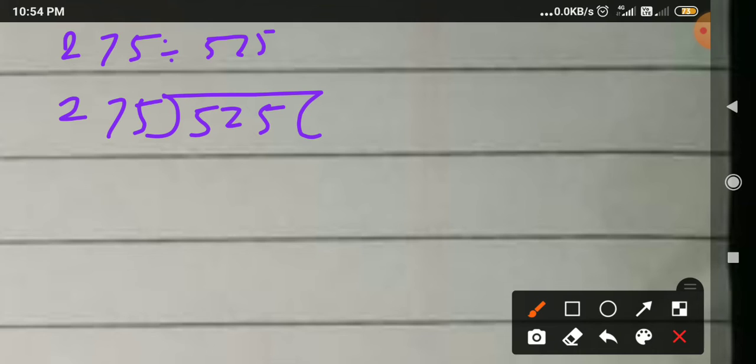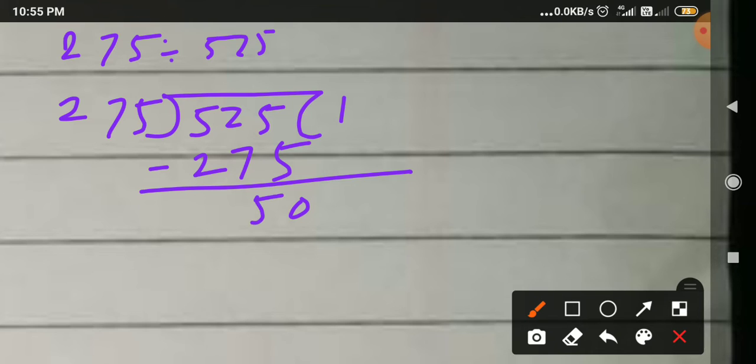Here 275 ones are 275. Okay, do the subtraction. 5 minus 5 is 0. Then 12 minus 7 is equal to 5, and here remains 4. 4 minus 2 is equal to 2. According to the rule, we have to write this 275 at this place.